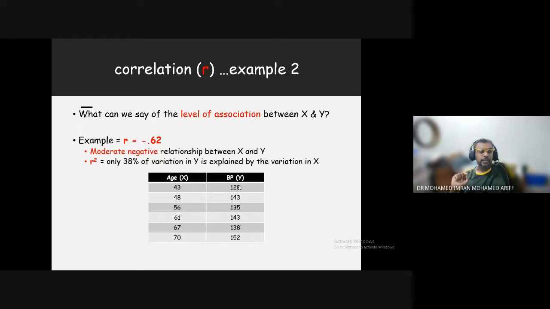Sebab dia ada different types of research. Kalau research itu baru, kalau it's a new field, then the relationship is different. Okay, then whether it's moderate ke, high ke, low ke, that is different. So when you want to write down whether it's moderate ke, high ke, low ke, you have to refer to the literature.